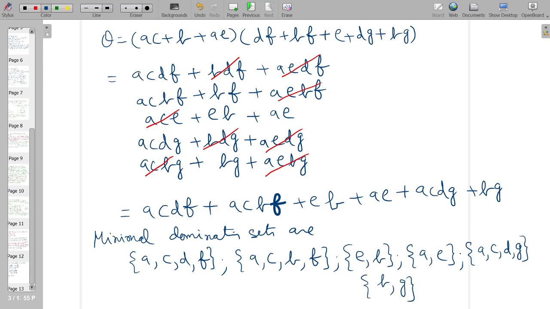Okay. Now let me draw this graph which was taken by us.